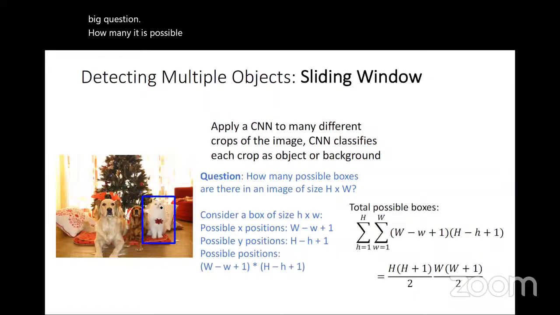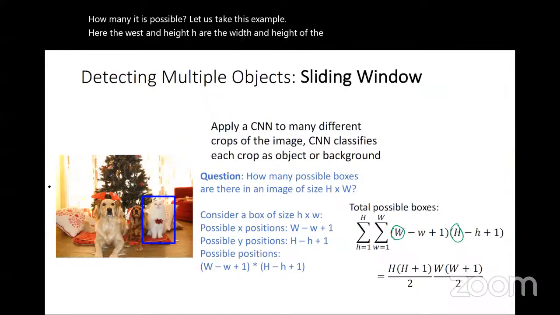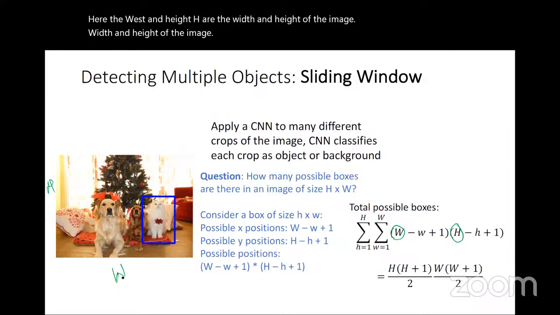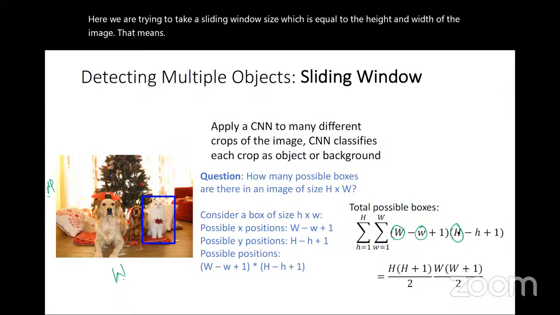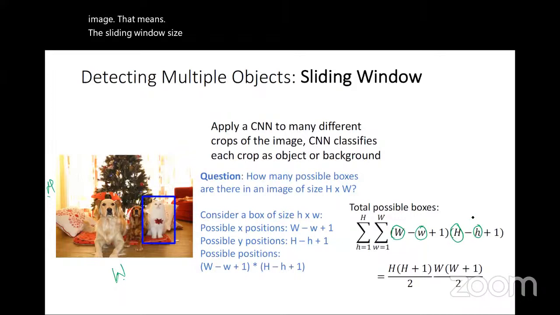Let's take this example. Here W and H are the width and height of the image. Let's assume we take a sliding window size equal to the height and width of the image. That means the sliding window size is equal to the image size.